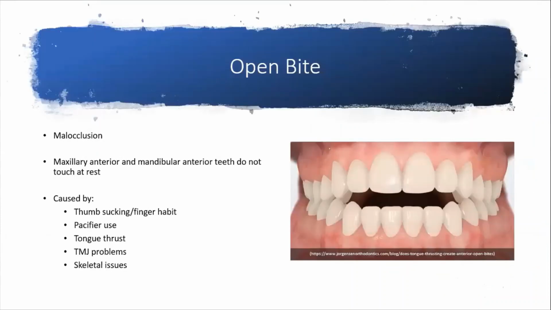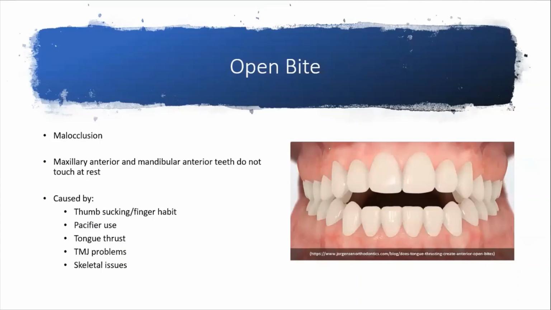So an open bite is another form of malocclusion. And this is when the maxillary anterior teeth and the mandibular anterior teeth do not touch at rest. And this is from a thumb sucking or a finger habit.